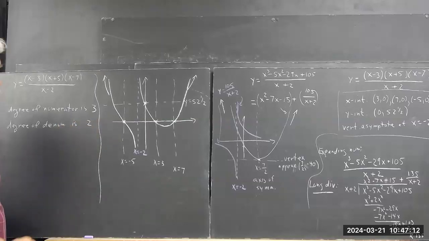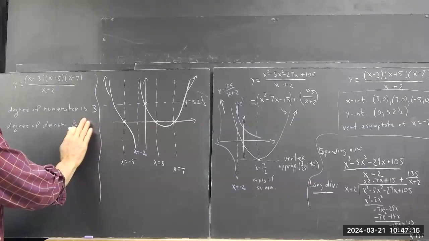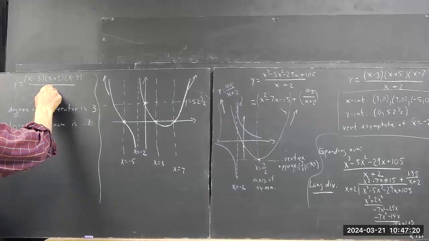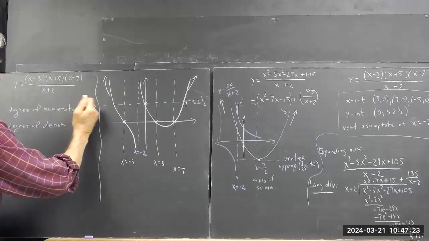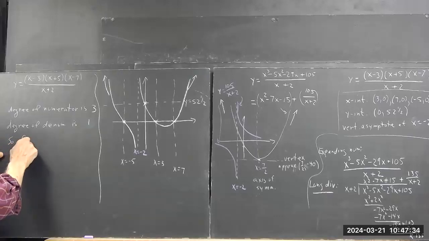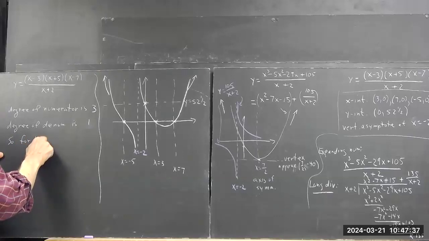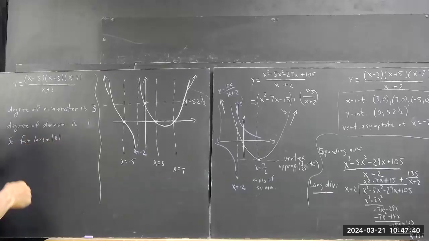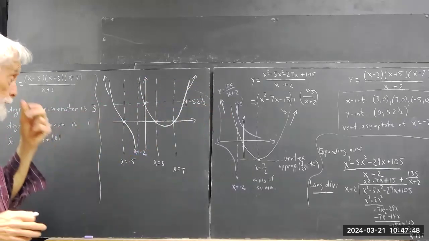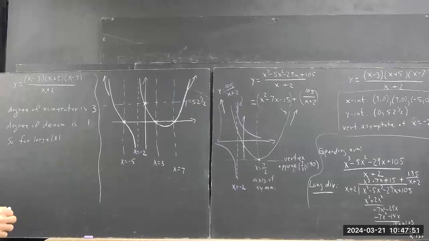The degree of the denominator is 1. Not a 2, but it's x plus 2, not x minus 2, okay. The numerator is 3, degree of the denominator is 1. So this x large magnitude of x. For x values, way to the right, big positive numbers, x values way to the left, big negative numbers.